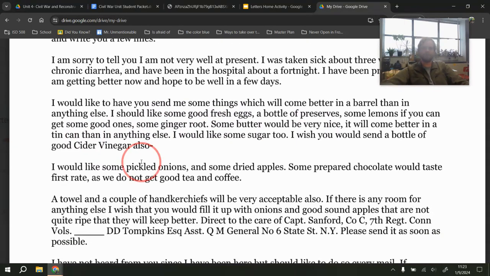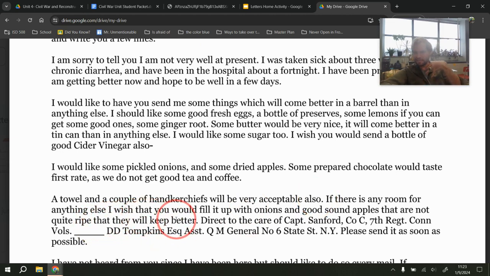I would like some pickled onions and some dried apples. Some prepared chocolate would taste first rate, as we do not get good tea or coffee. A towel and a couple of handkerchiefs would also be acceptable. If there is any room for anything else, I wish that you would fill it up with onions and good sound apples that are not quite ripe, and they will keep better.